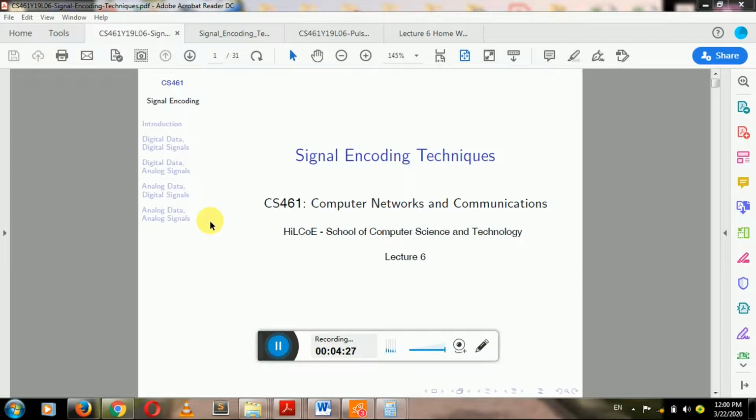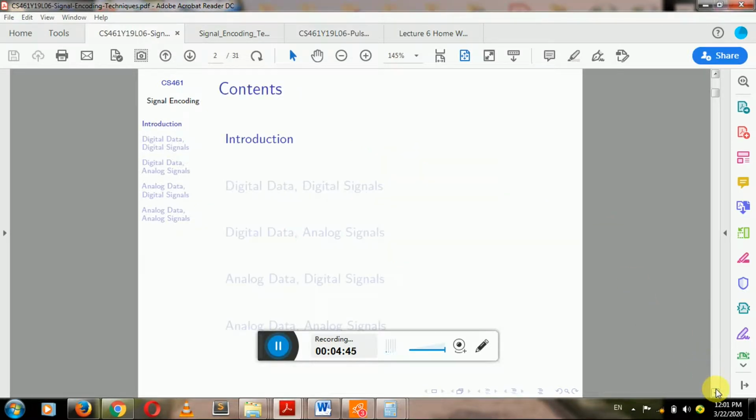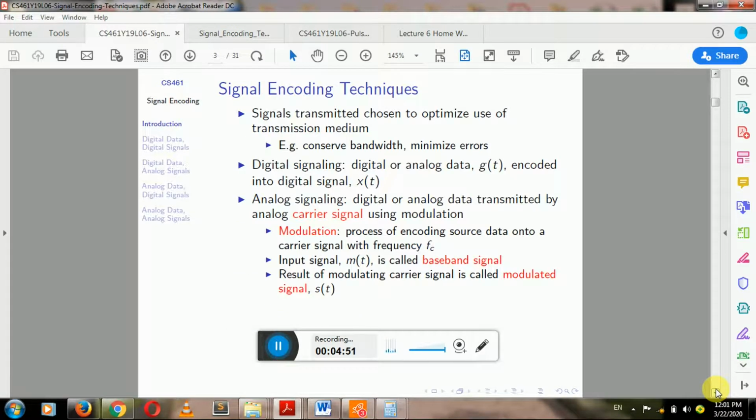So when we have digital signals, we just have a pulse, one level or another level, but with analog signals, you think of a sine wave with 3 components: amplitude, frequency, and phase. We change those, and then we get the encoding.